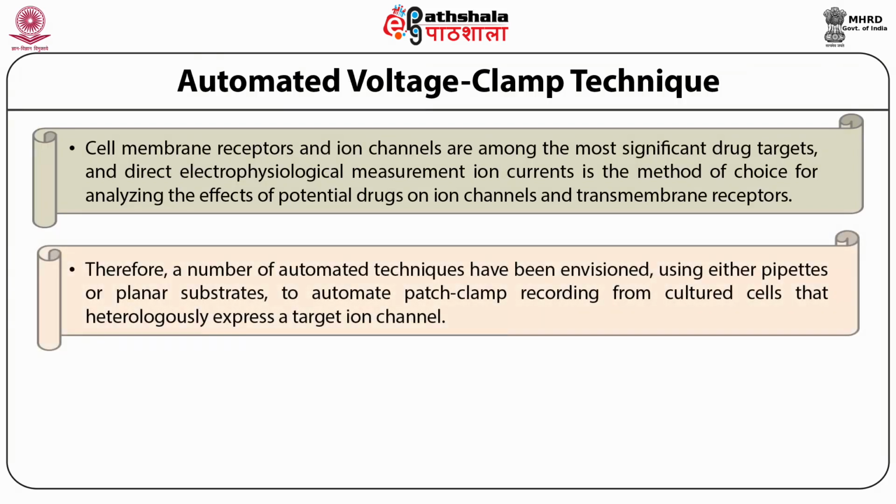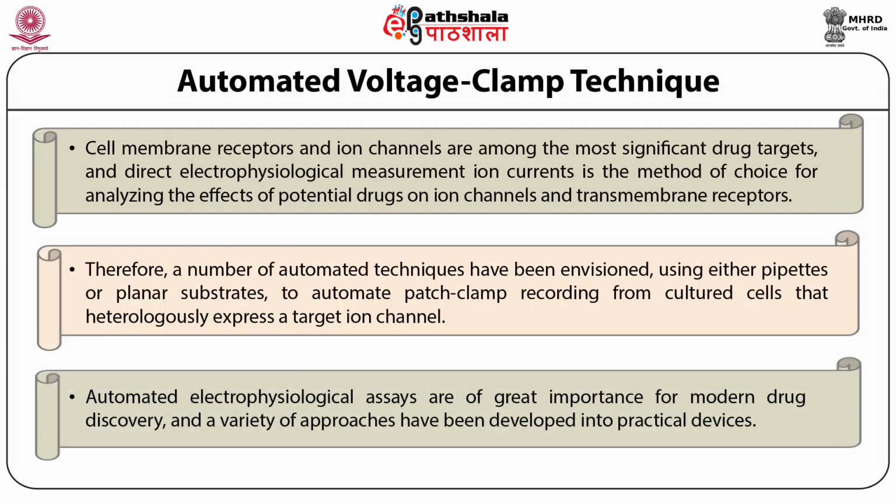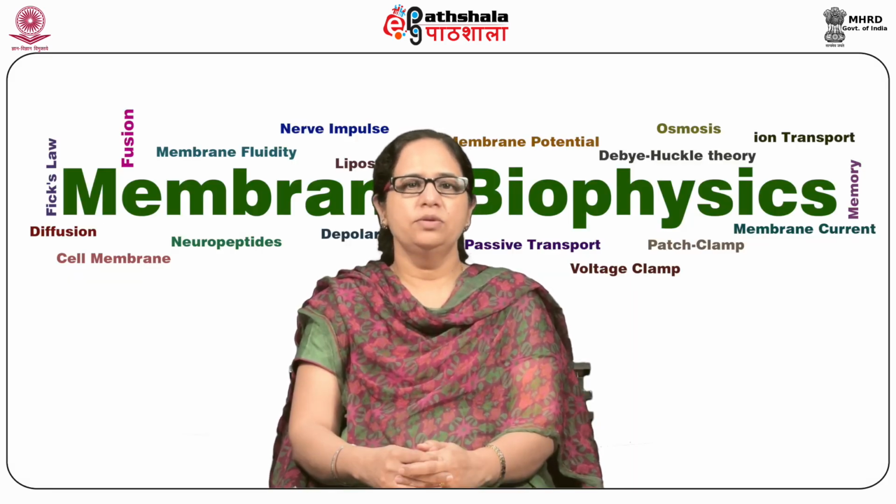Therefore, a number of automated techniques have been used, using either pipettes or planar substrates, to automate patch clamp recording from cultured cells that heterogeneously express a target ion channel. Automated electrophysiological assays are of great importance for modern drug discovery, and a variety of approaches have been developed into practical devices.